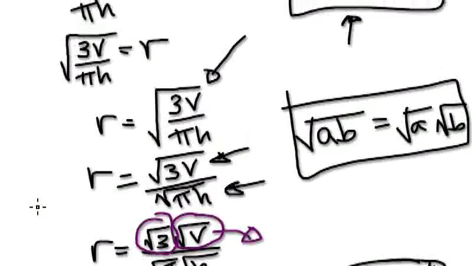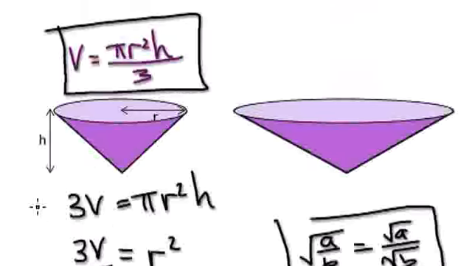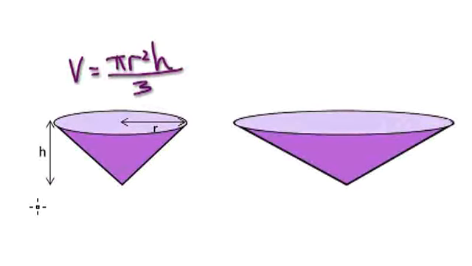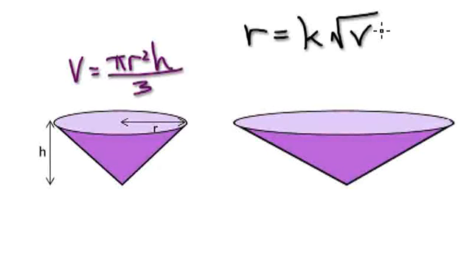Going back to here, we know that the radius is equal to k square root of v. So the answer to the first part of the question, the relationship, is that the radius is proportional to the square root of the volume.